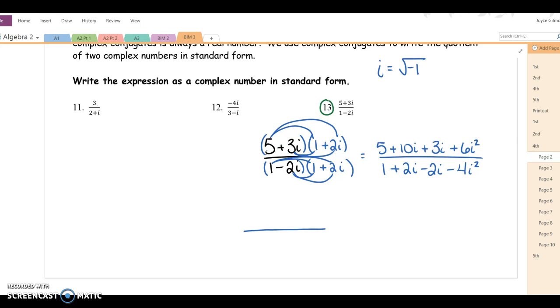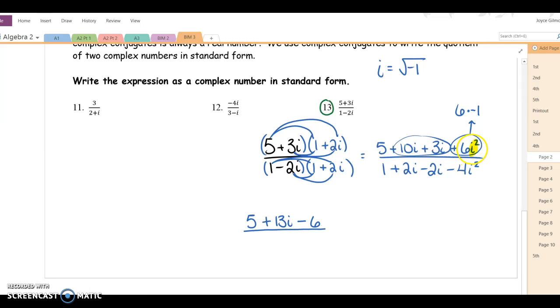Okay, in the numerator, I've got the number 5. I've got these like terms, 10i and 3i. They combine to give me 13i. And then let's talk about this 6i squared. 6i squared is 6 times negative 1, because remember, i squared equals negative 1. 6 times negative 1 is negative 6.